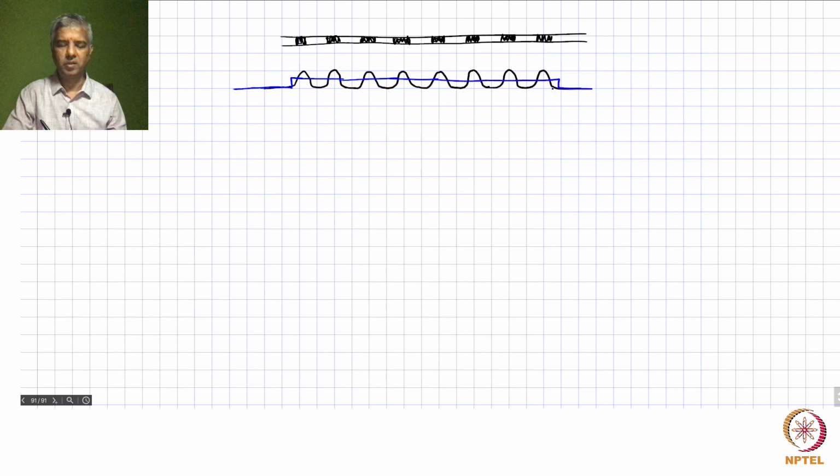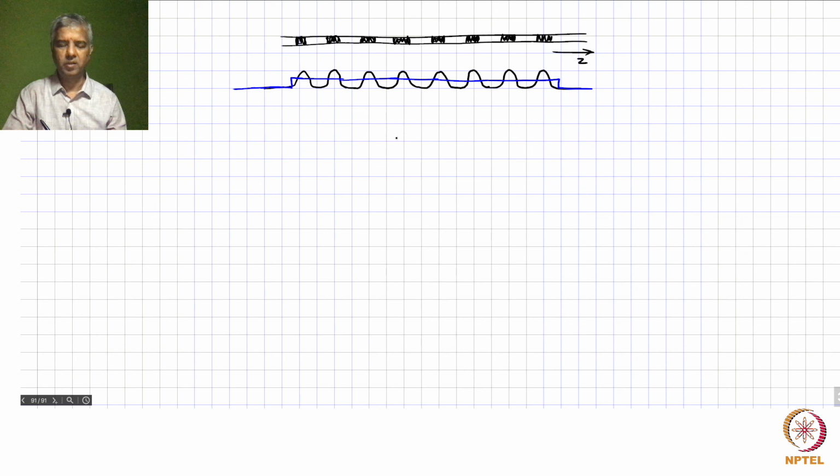When we look at the envelope of the average refractive index, it is actually like a rectangular shape, as a function of distance z.